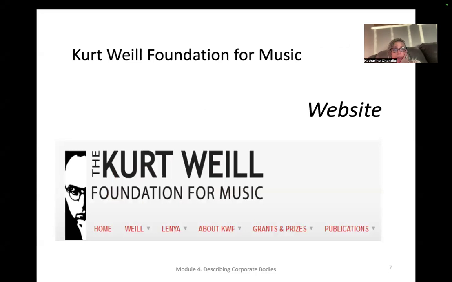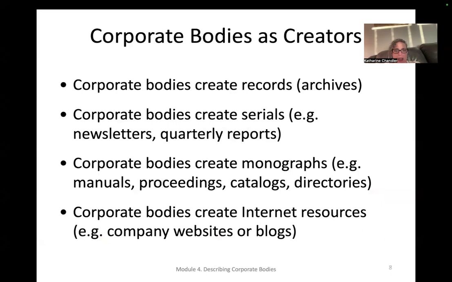The Kurt Weill Foundation for Music, which is in New York City. This is what the website looks like. So you would put that in its field, read out as the Kurt Weill Foundation for Music. Corporate bodies as creators. Corporate bodies can create records like out in archives.